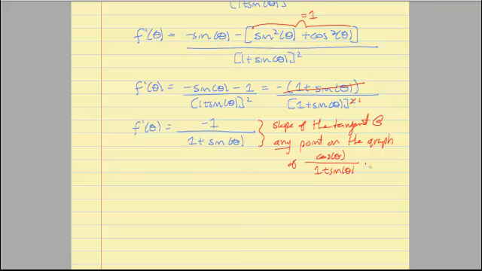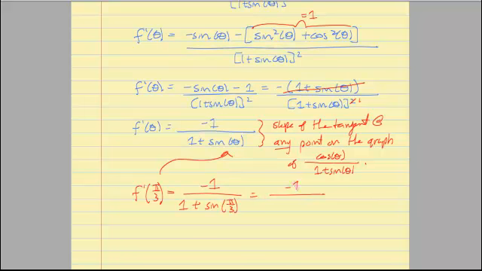Now, I'm not interested in the slope of the tangent line at any point along the graph. And of course, we'd have to watch out where this could be undefined right here. Okay, I'm interested in the slope of the tangent line at a specific point. So I want to look at f prime of pi over 3. So that means anywhere that I see a theta in this original derivative, I plug in pi over 3.